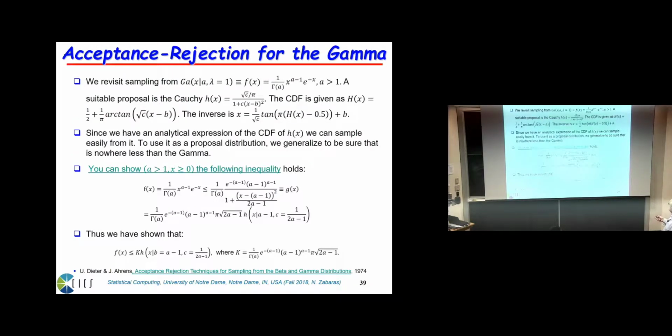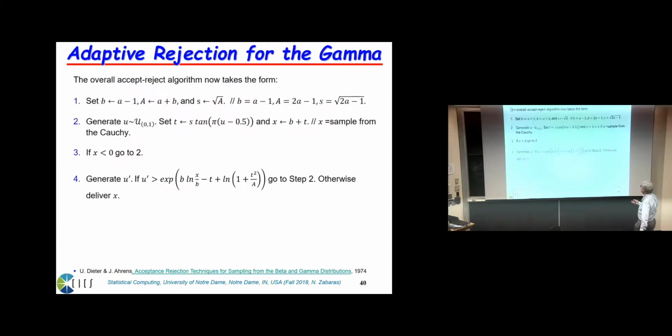Obviously you need to be able to do this sampling from the Cauchy distribution, and then you need to have a calculation of accept or reject. So you need to introduce the probability. On this step here is the sample from the Cauchy, okay? And here is basically the acceptance or not, and that's the algorithm.